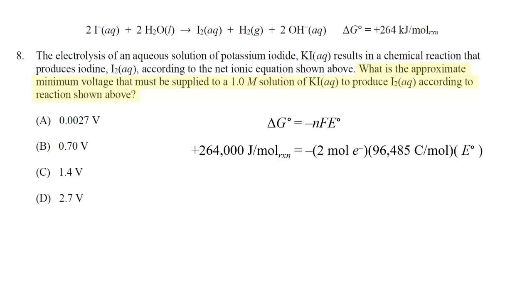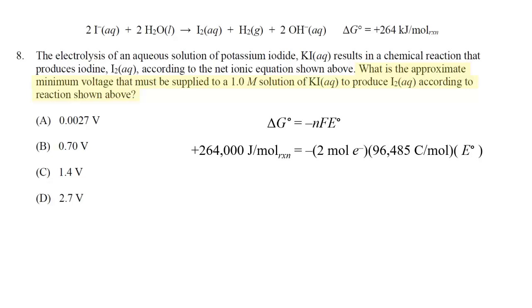So on the left side of this equation, I've got my delta G. That's positive 264,000 joules per mole of reaction. And on the right, it would be N, which represents 2 moles of electrons transferred. I've got that negative sign, so negative times 2 moles of electrons times the Faraday constant, 96,485 coulombs per mole of electrons, but I don't know the value of the cell potential.